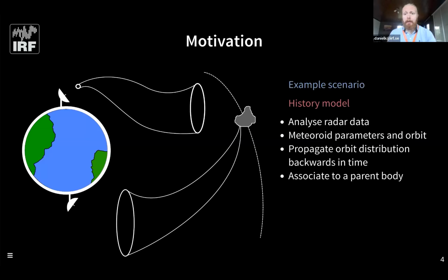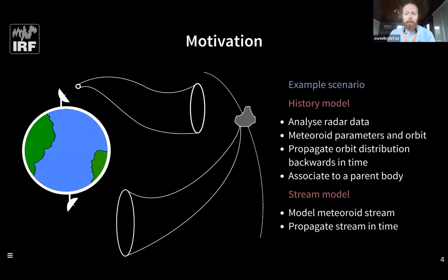Another example scenario that we wanted is stream modeling. You would model the meteoroid stream and propagate the stream forward in time. I guess you can see my mouse? Yes. So this would be this path rather than this path.